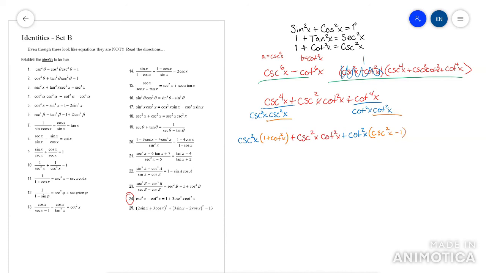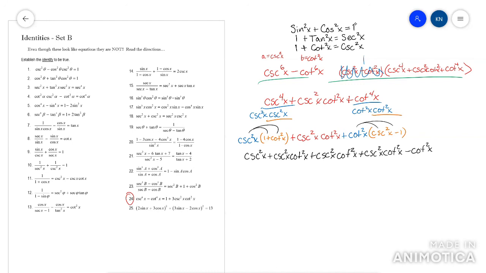All right. Now I'm going to distribute everything and rewrite this problem. So it's a cosecant squared cotan squared, a cosecant squared cotan squared, another cosecant squared cotan squared, and then minus a cotan squared.